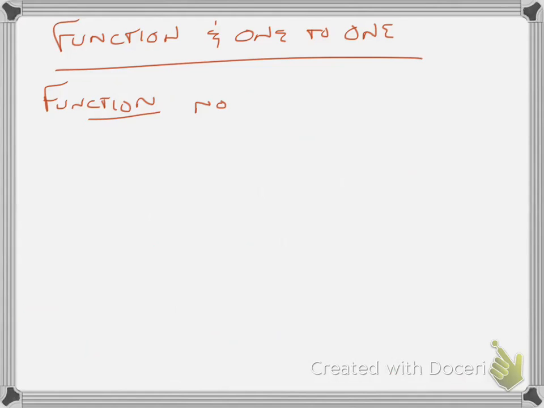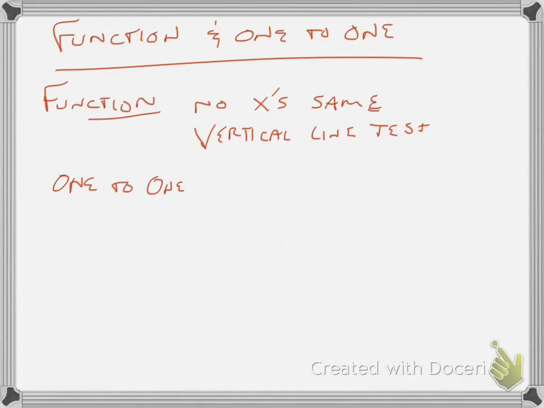To tell if a relation is a function, it can have no x values that are the same. You can also do the vertical line test if it's a graph. To tell whether it's one-to-one, it must be a function because it has to pass the vertical line test and the horizontal line test.